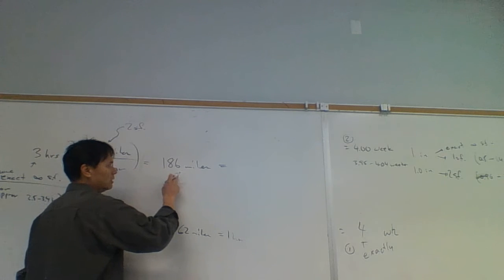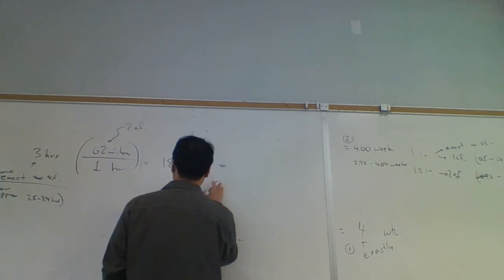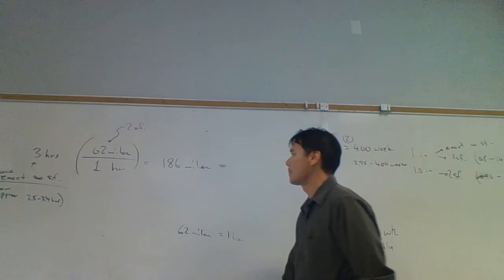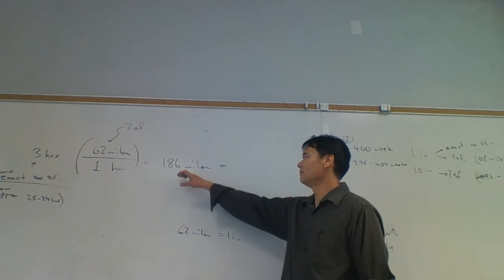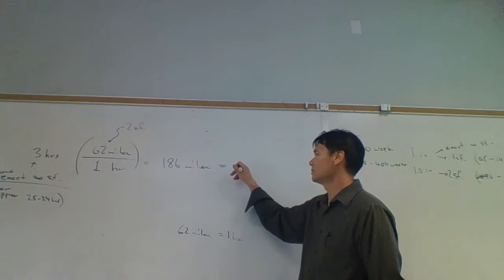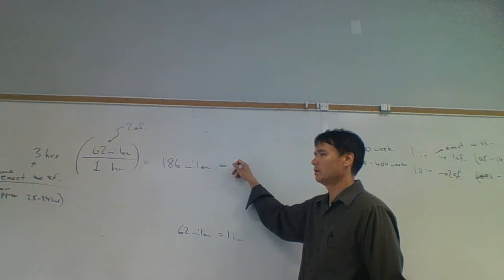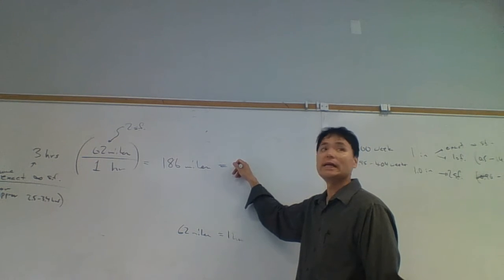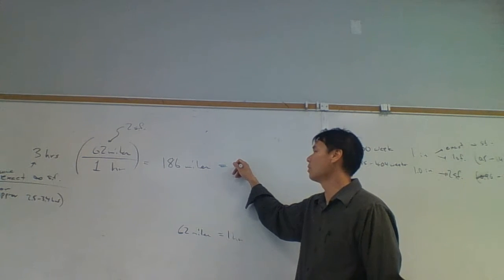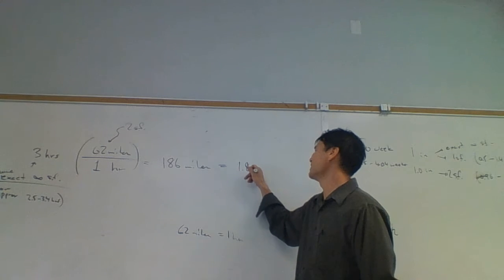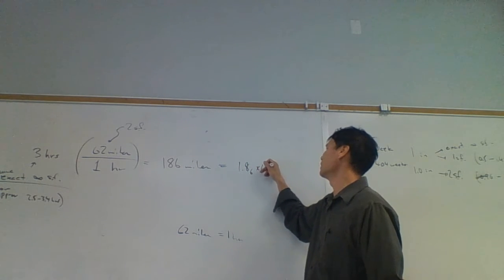But how do we write this in 2 sig figs? In terms of 2 sig figs, 186 miles is going to be 190 miles, or 1.8 sub 6 times 10 squared.